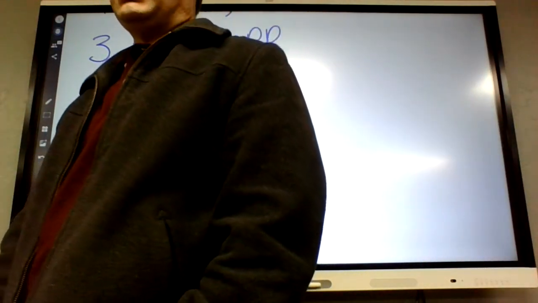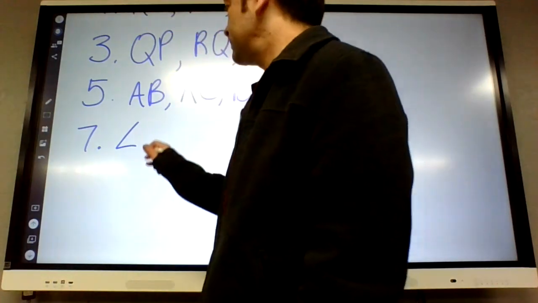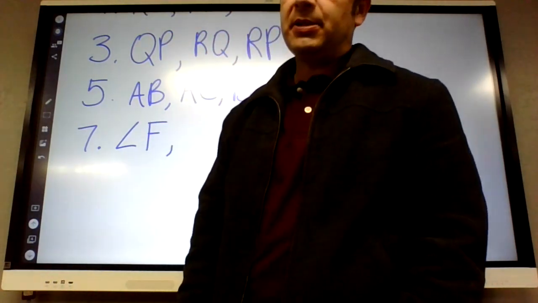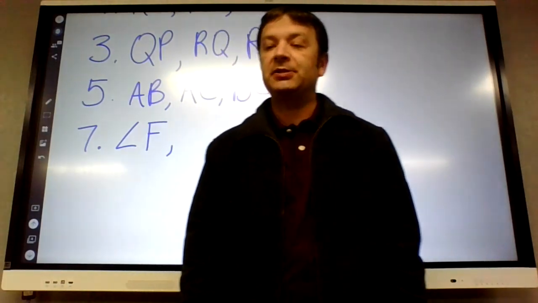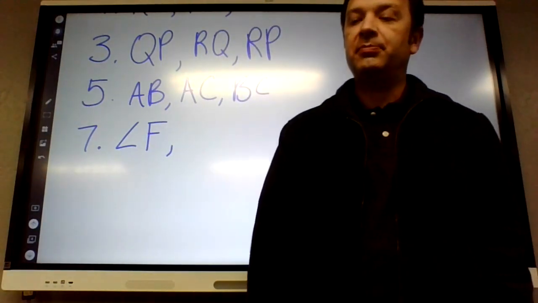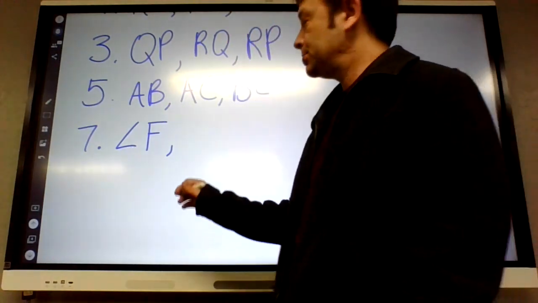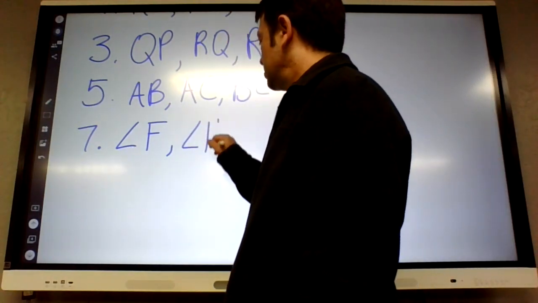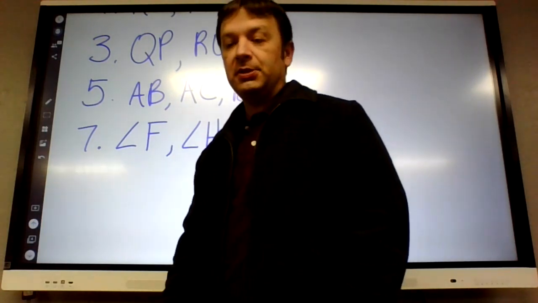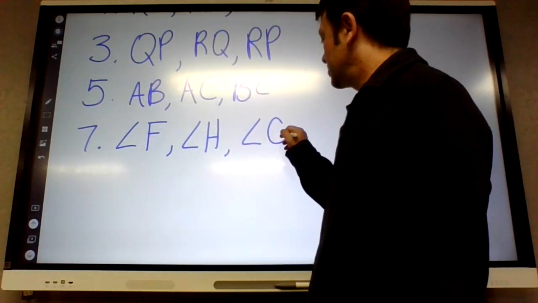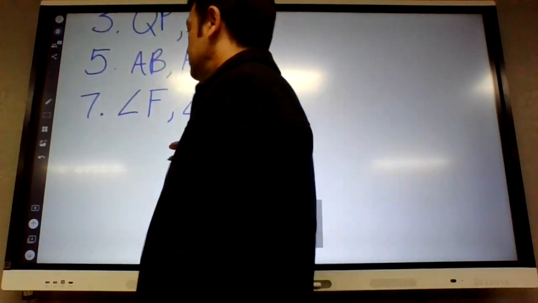So the smallest angle must be F. It opens up to the small side. Okay, the medium side is FG. So the medium angle is angle H. And that leaves the largest angle, which must be G.